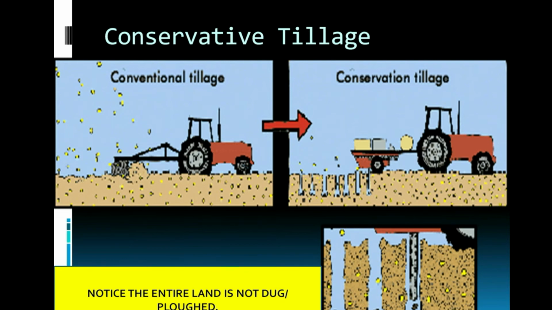Wind erosion can have a minimal effect for conservation tillage in comparison to that of conventional tillage. Look at the image on the right hand side. You are seeing little amounts of particulates dispersed into the atmosphere. Look at the image on the left hand side. You are seeing a lot more particulates or materials suspended in the atmosphere.